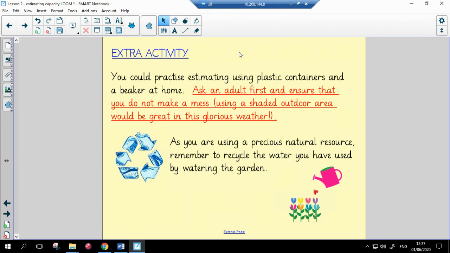The weather is absolutely glorious today, so you could find a shaded outdoor area where you could practice. We're all aware that we need to be really sensible with our natural resources, and water is one of those. So when you're absolutely finished with it, help mum and dad by watering the garden. Please don't just tip it away down the drain because it could be used for something.